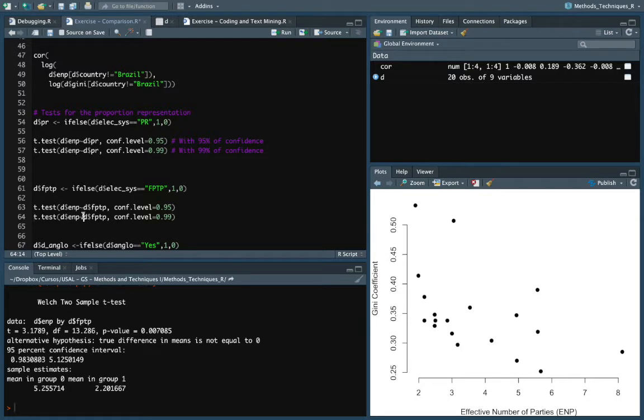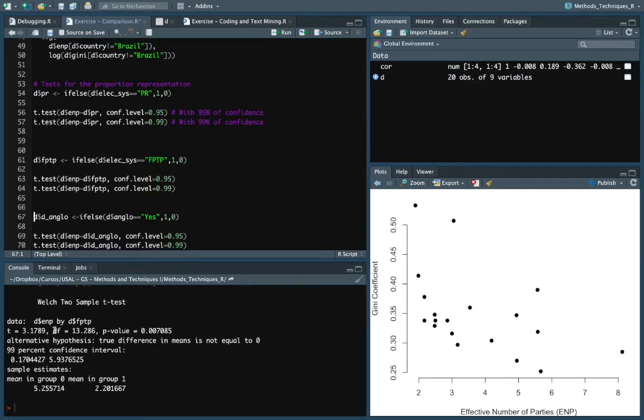If I repeat with 99%, it stays higher. It's from 0.17 to 6 parties. So I can tell for sure that first past the post has a lower number of parties than all other electoral systems.